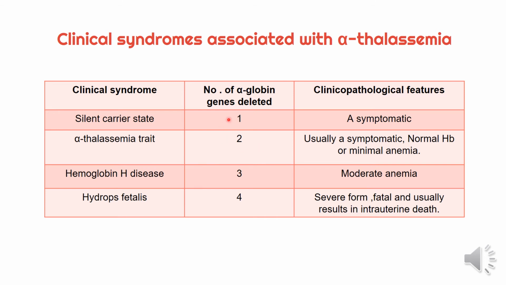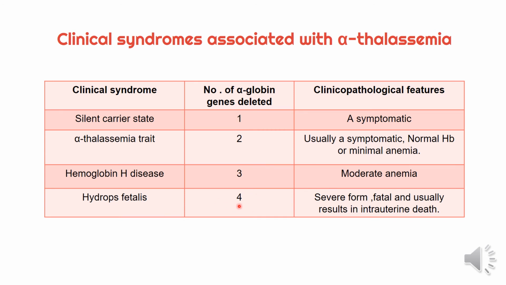If two alpha genes are deleted, this will result in alpha thalassemia trait, and those individuals are usually asymptomatic, they have normal hemoglobin or a minimal anemia. If 3 alpha globin genes are deleted, this will result in hemoglobin H disease, and this will result in moderate anemia.